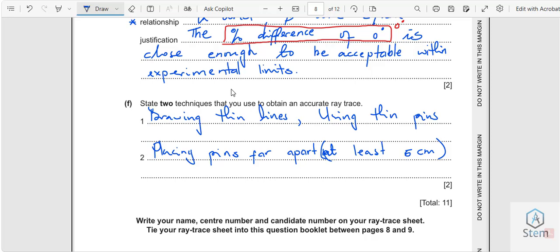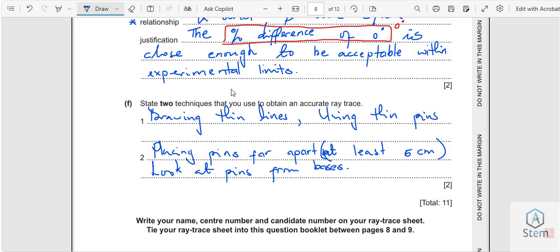I recommend that you go for a pin separation of like 6 centimeters, but the examiner is okay with 5 centimeters as well. Then you also have to look at your pins from the bases. So these are the techniques that we use to obtain accurate ray trace sheets.